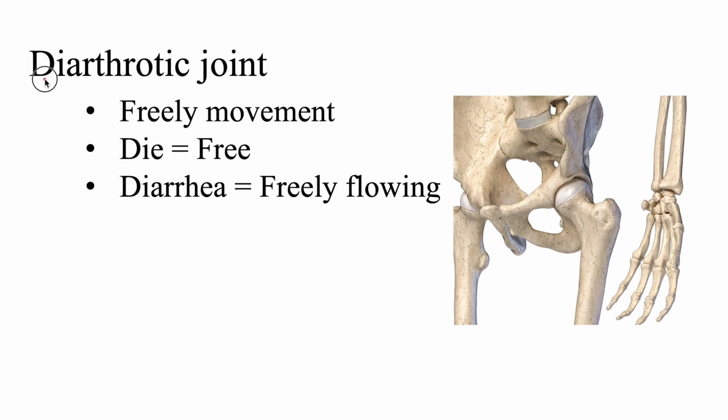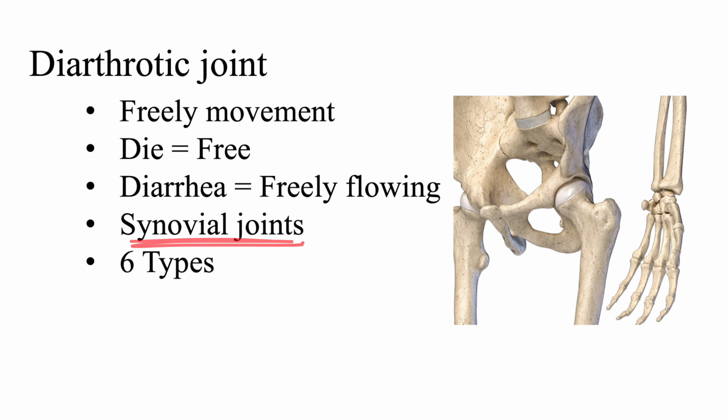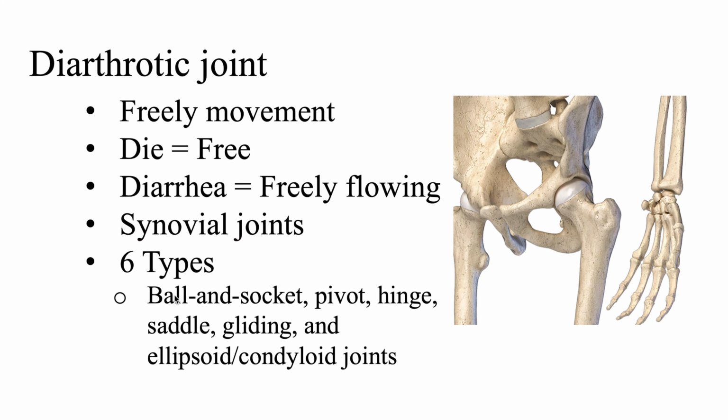That's how they remember that diarthrotic joints are freely movable. If that helps you, use it. Now, diarthrotic joints are synovial joints, and we have 6 types of synovial joints: ball and socket, pivot, hinge, saddle, gliding, and ellipsoidal/condyloid joints. So diarthrotic joints are synovial joints as well.